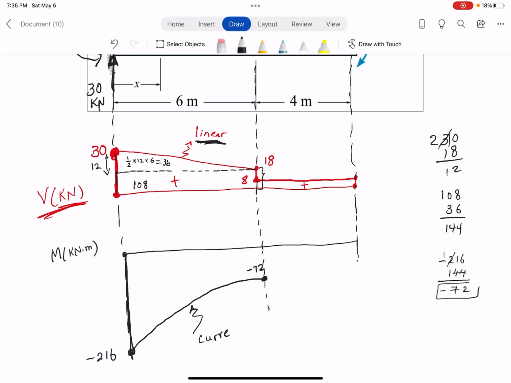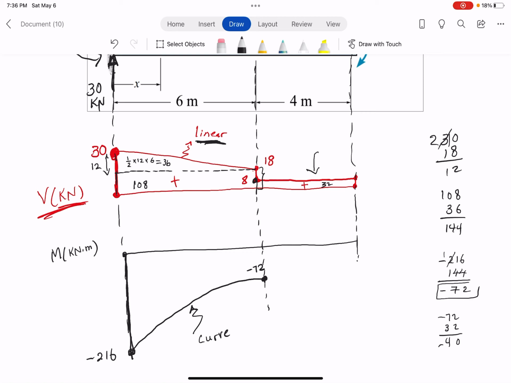Now, you can see that this shear here is uniform, so the moment will be linear. So let's look at the area. This is 8 times 4, 32. So minus 72 plus 32 is minus 40.